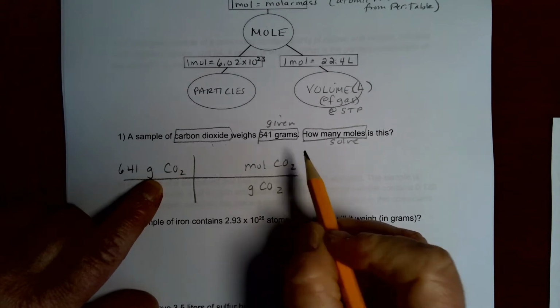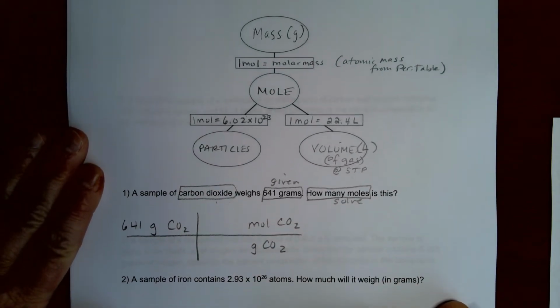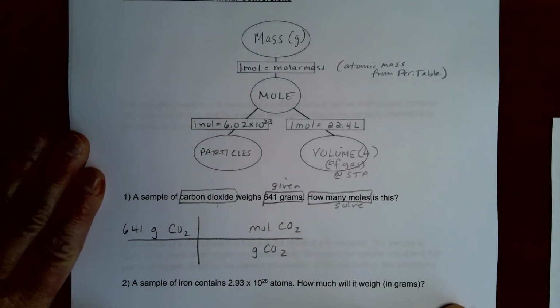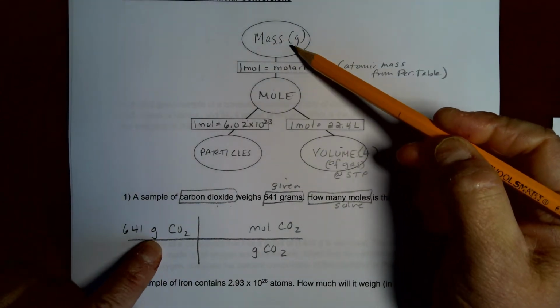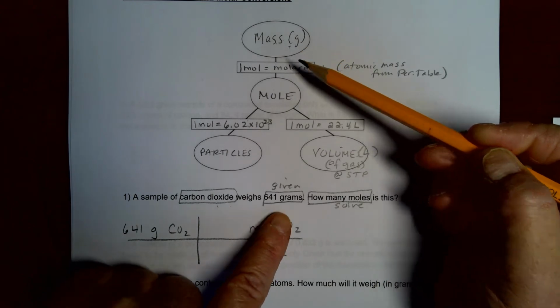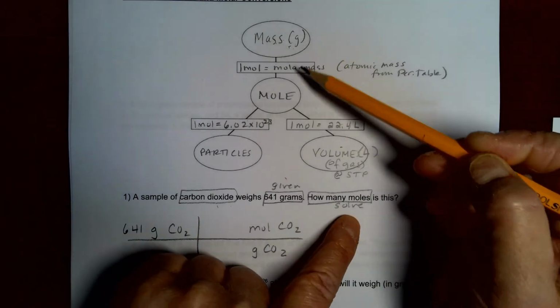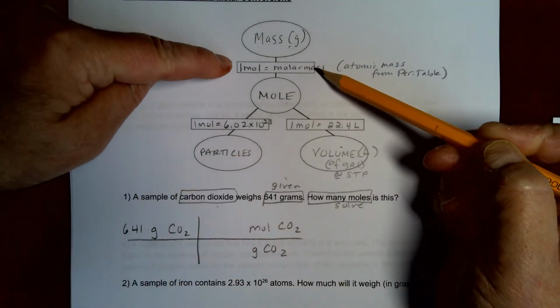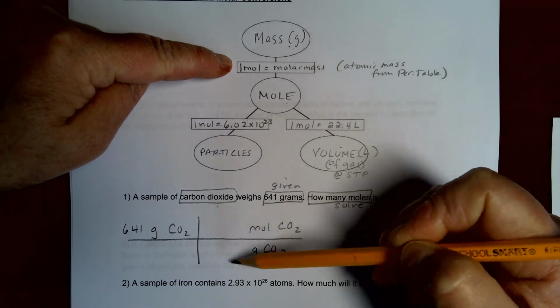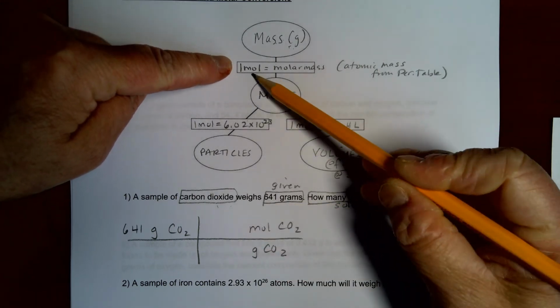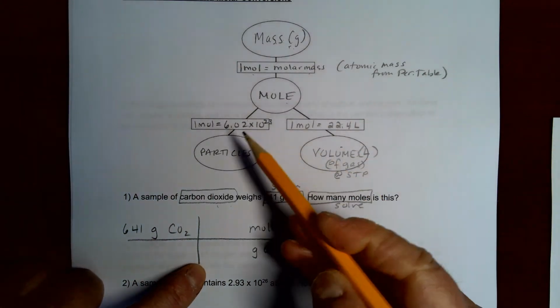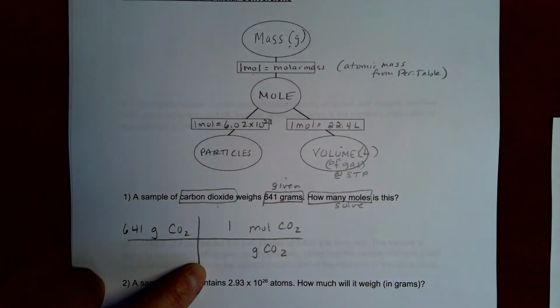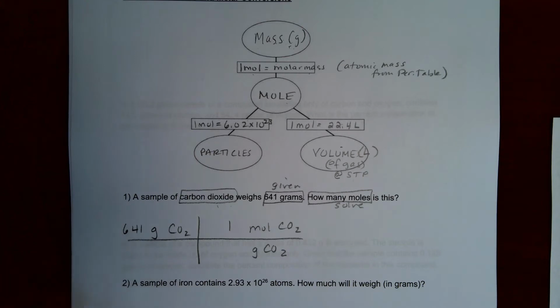And so if we are looking at our map up here, we're given grams and we're being asked to solve for moles. So that means our conversion fraction needs to use the equality of 1 mole is equal to the molar mass. So remember, it's always 1 mole. You're always going to be 1 with the mole in these problems.